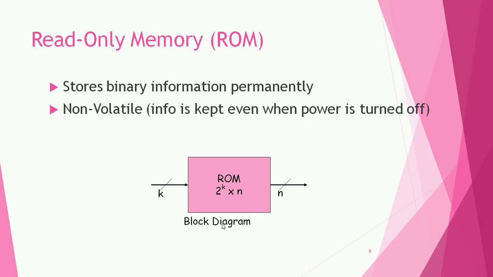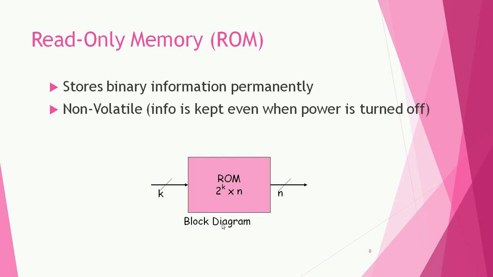That means if k is equal to 3, the number of locations is 2 raised to 3, that is 8 locations, and address lines are 3. By using those 3 address lines and a 3 to 8 decoder, we will decode those 3 bits and map the 8 locations.